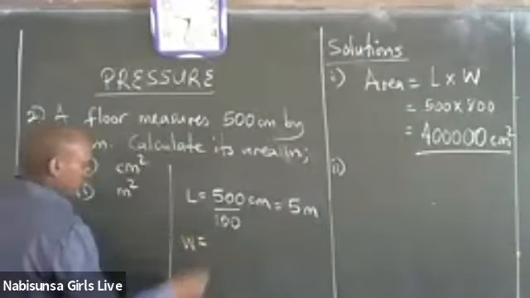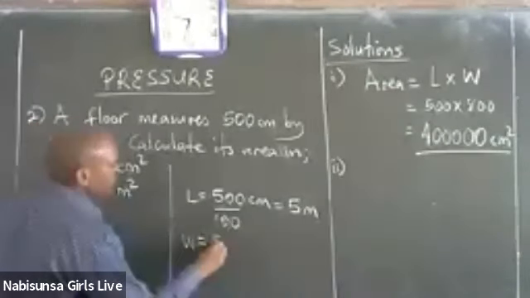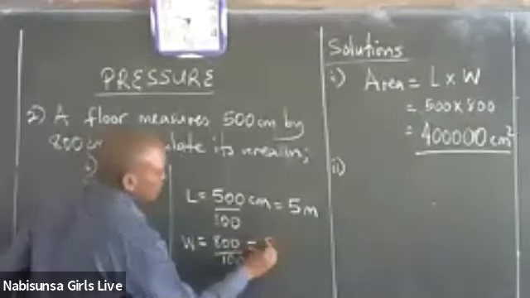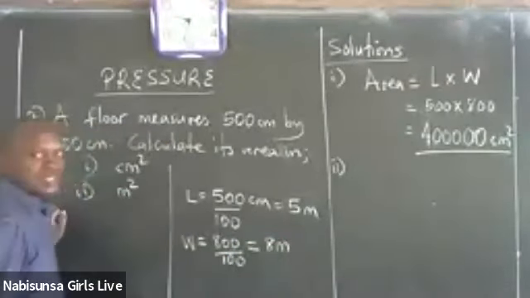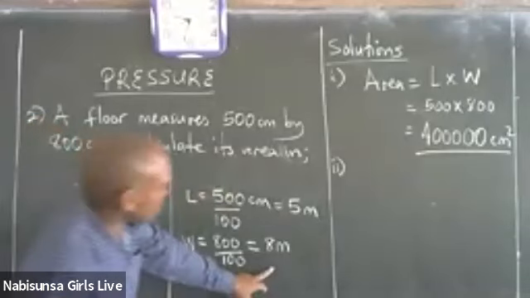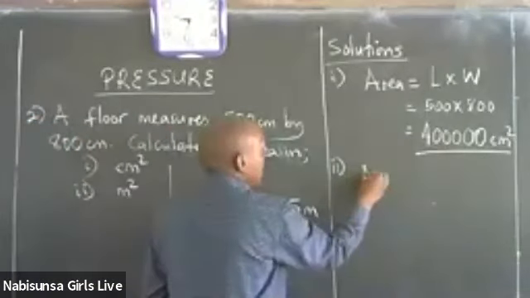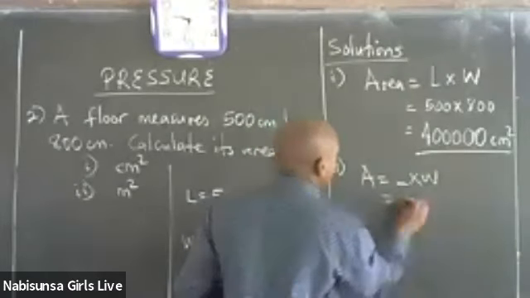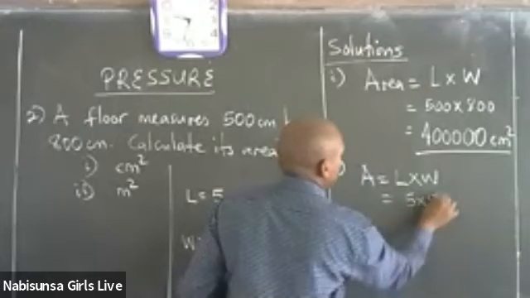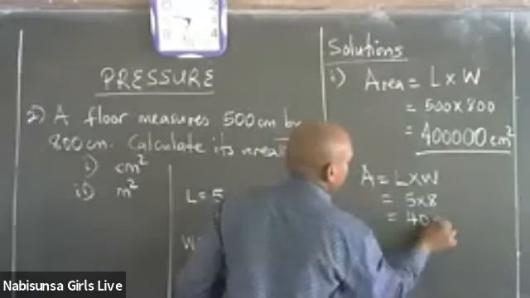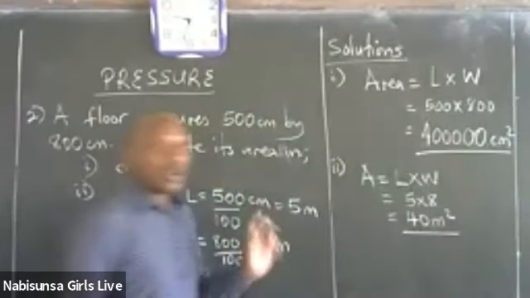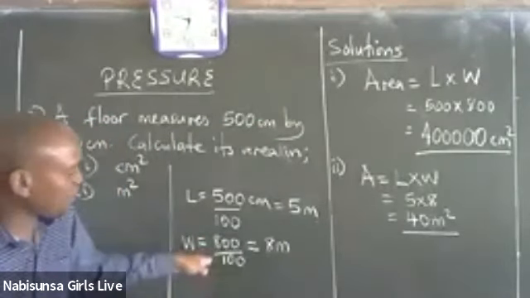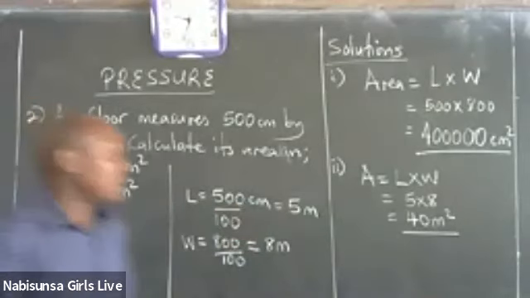Then the width is 800. If I divide it by 100, I get 8 meters. Now I can say area is length times width, which is 5 times 8, and we get 40. That is one way, first converting each of the figures to the units, then you multiply.